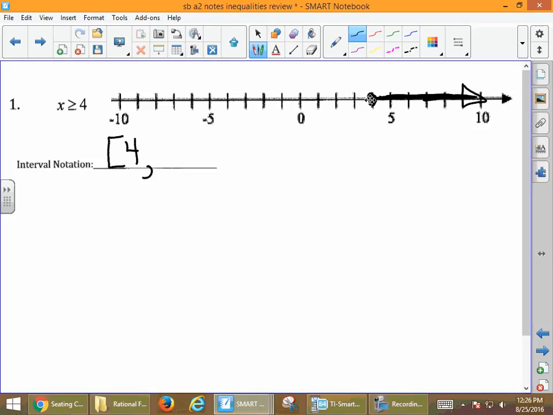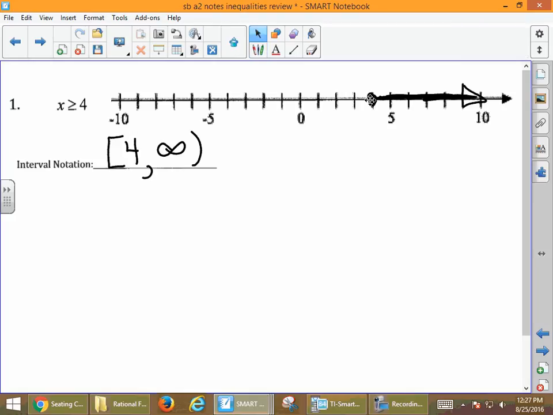Our number line is going to keep going towards Central Avenue, cross over Central Avenue, and keep going forever and ever, which means that it's going to go to infinity. Not my best infinity symbol. Sideways 8, if you prefer. And that's our interval notation for this inequality.